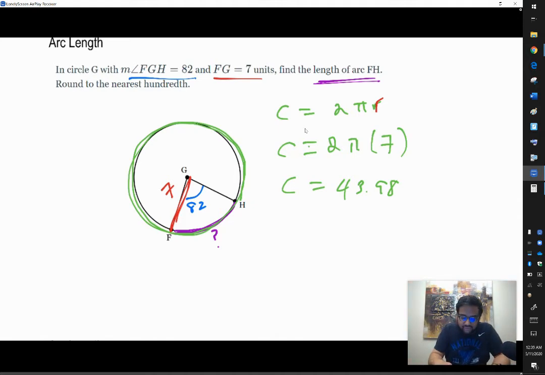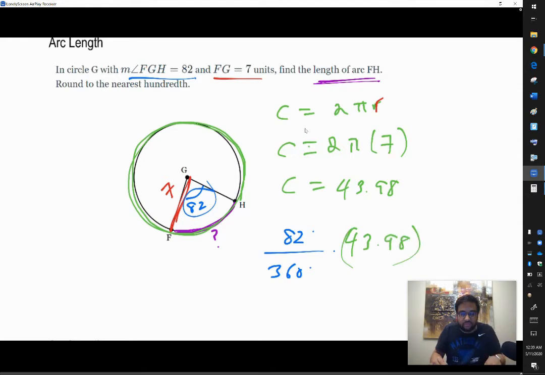I only want a portion of it, and the portion that I want is the angle in question. So 82 degrees out of 360 degrees is a part-to-whole ratio. I want that proportion or that fraction of literally the full length. So I'm going to multiply the full length, 43.98, by this fraction to find literally the fractional portion of the arc, or of the circumference, which we call an arc.